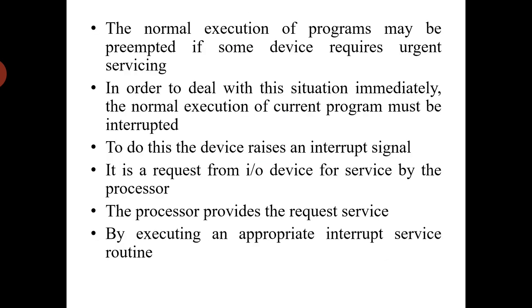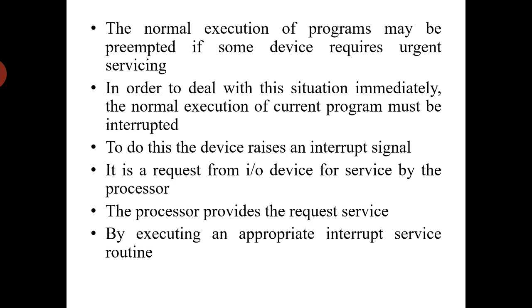Next, the normal execution of a program may be preempted if some device requests urgent servicing. When one program is being executed, some other device may require urgent servicing. In order to deal with this situation immediately, the normal execution of the current program must be interrupted, meaning we have to stop the execution of the current program.